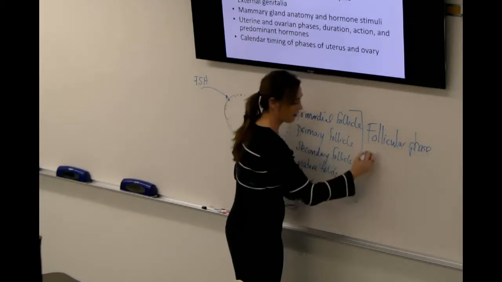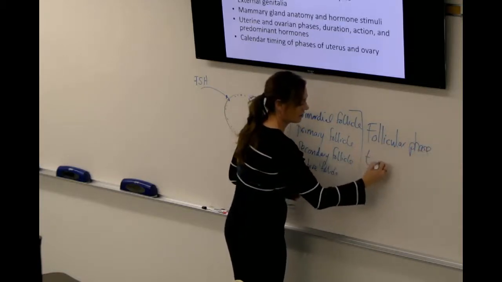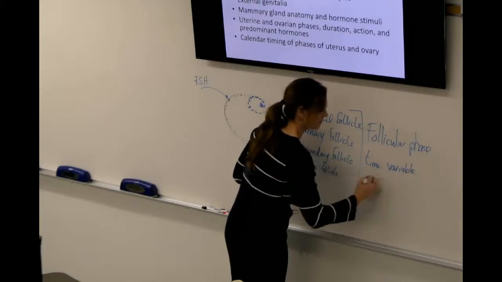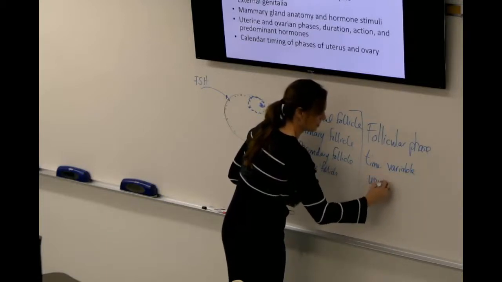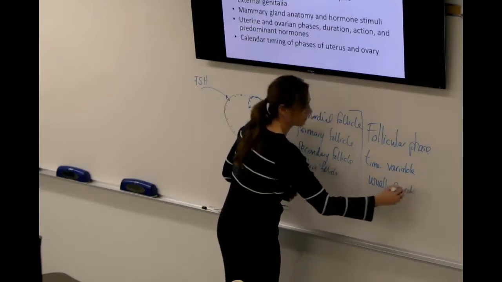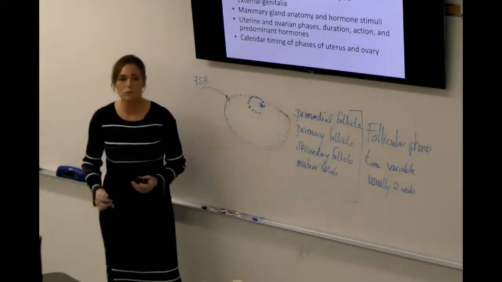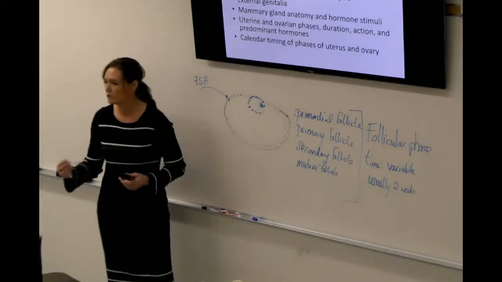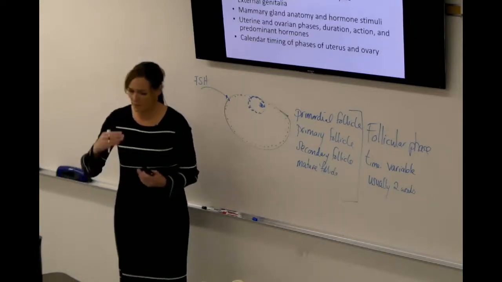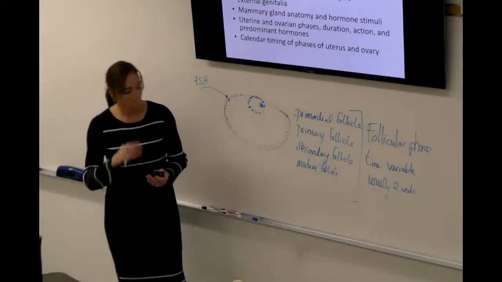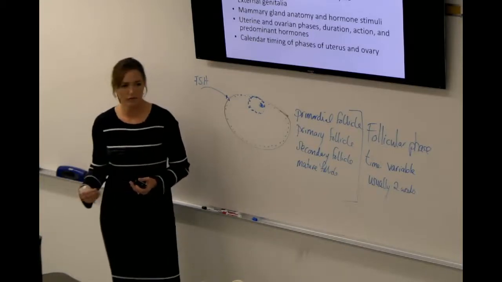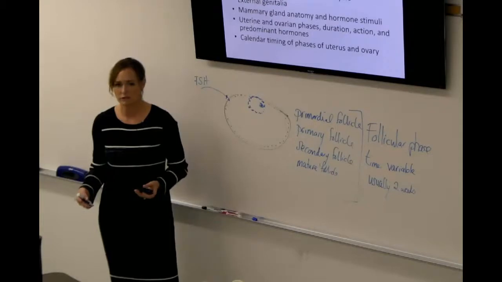The time frame is variable, but it's usually 2 weeks. But it is the most variable time. So if a female's cycle length changes, not the duration of the menstruation part, it is this follicular phase and its corresponding proliferative phase that's going to be the most variable stages.